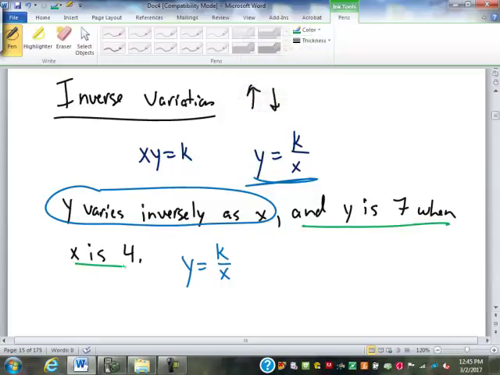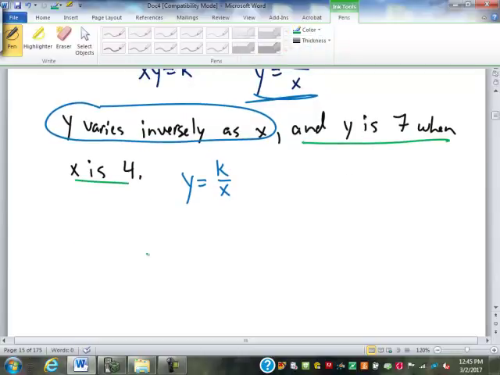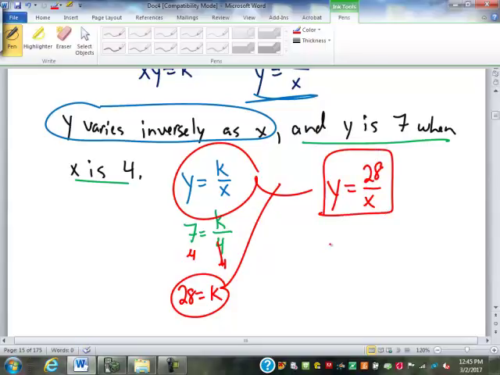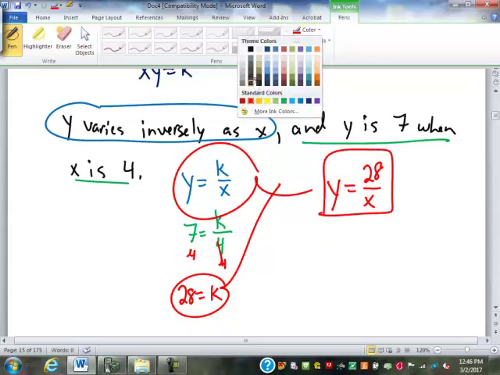Y is 7 when x is 4. It's telling us to put what in for y? 7, and of course, 4 for x. We can now find k, multiply by 4, 28 equals k. So that means our relationship, y equals 28 over x, is really the relationship there.